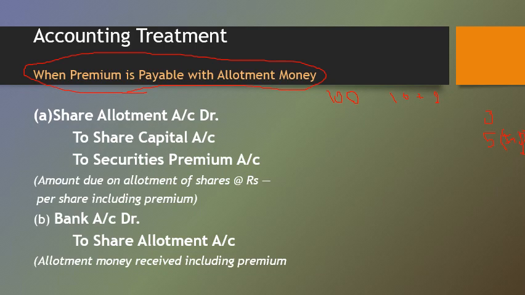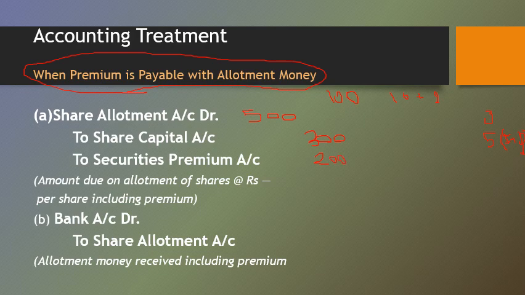So when the allotment money is made due, the journal entry will be like this. Share allotment account debit, 100 into 5, rupees 500, out of which the actual allotment money of rupees 3, that is 3 into 100, 300, will be transferred to the share capital, and the remaining 200, the premium, should be transferred to the security premium account.